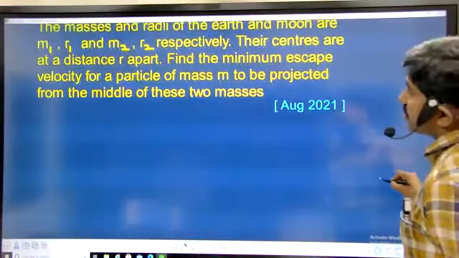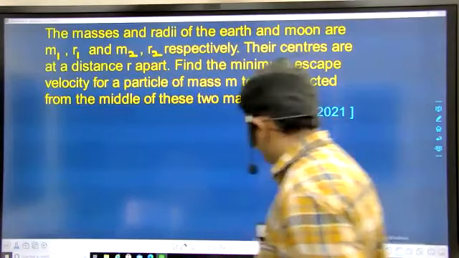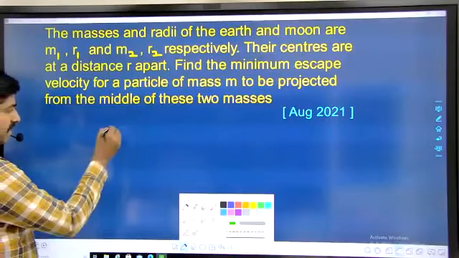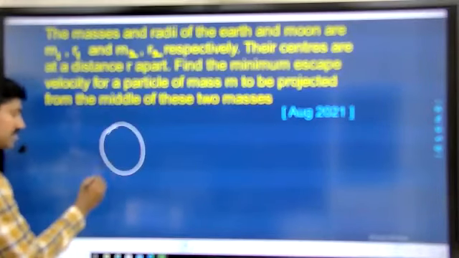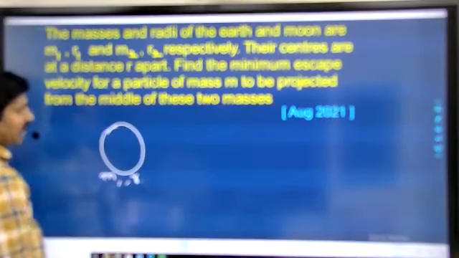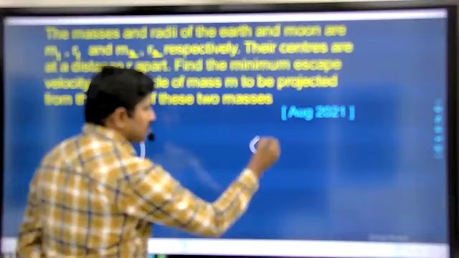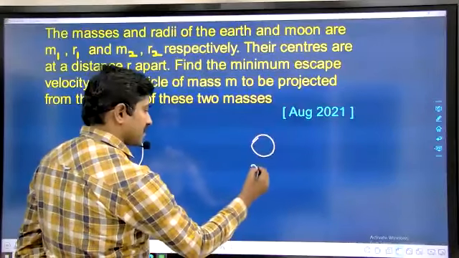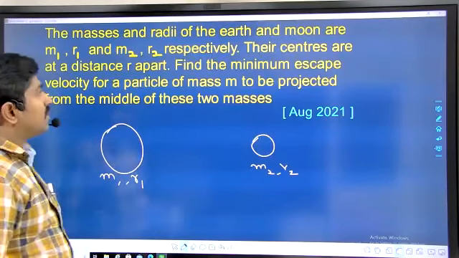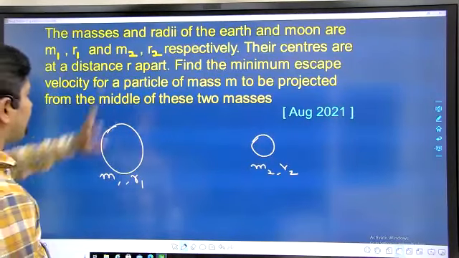See here, for Earth and Moon, masses were given. Let me consider this is the position of Earth whose mass is m1 and whose radius is r1. And this is Moon whose mass is m2 and radius r2.